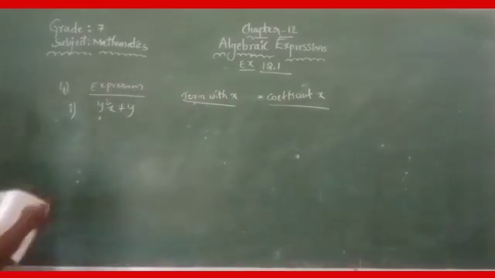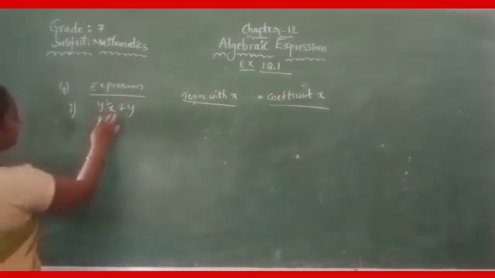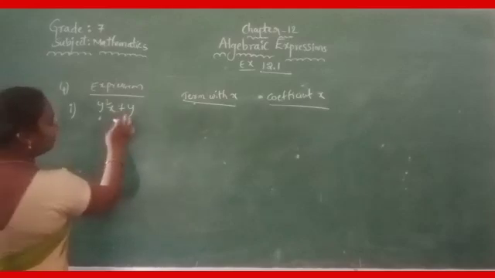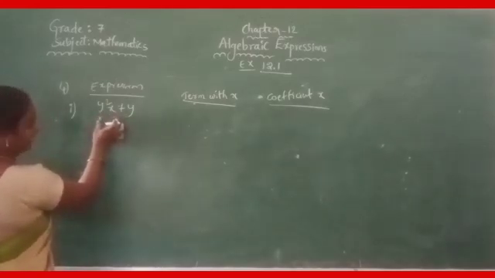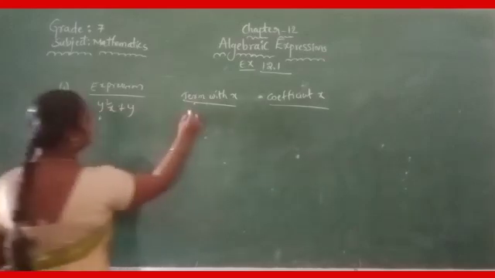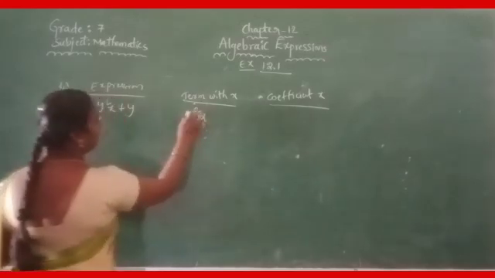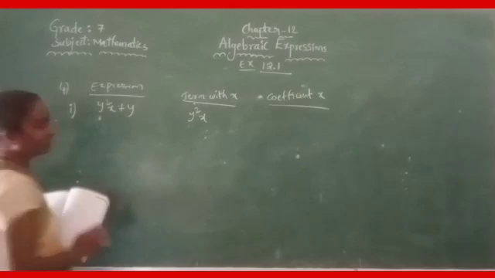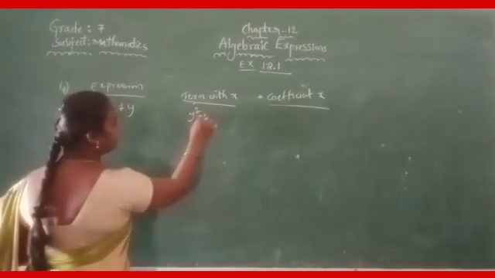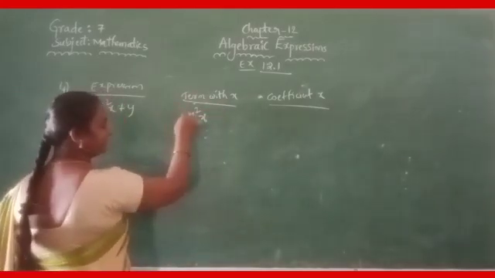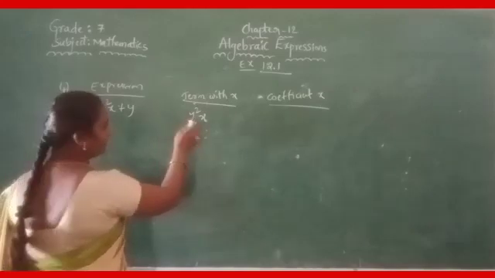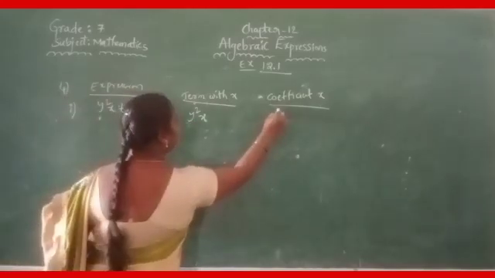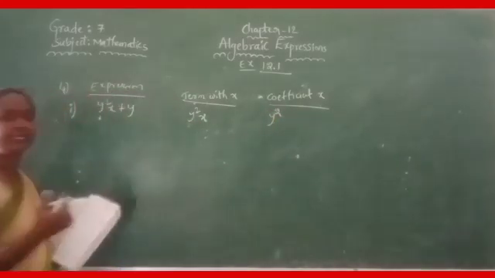That one you have to write. In the expression y square x plus y, which term has x? Does this y have x? No. This one? Yes, very good. You write y square x. The coefficient of x: x is multiplied by y square, so y square is the coefficient of x.